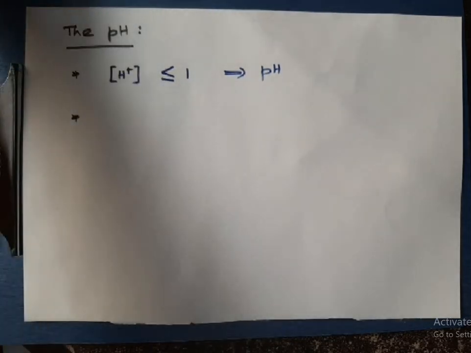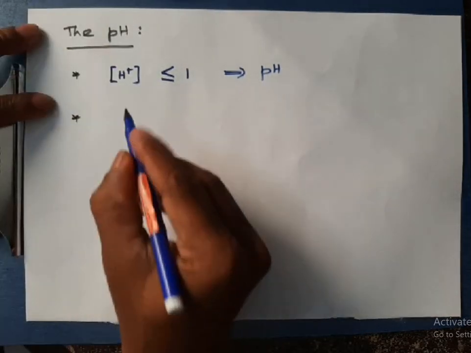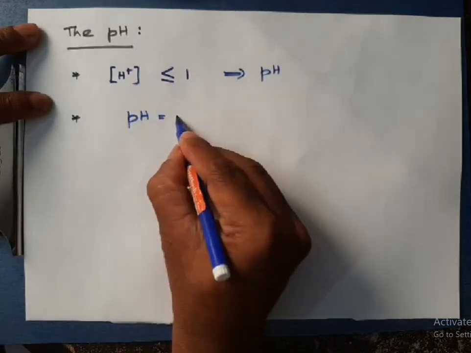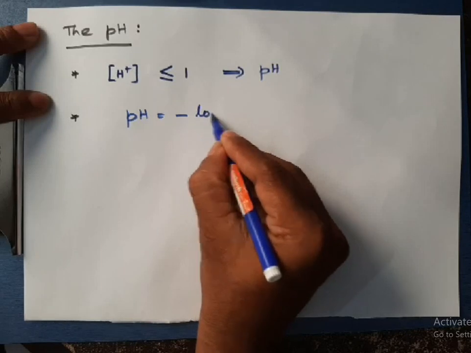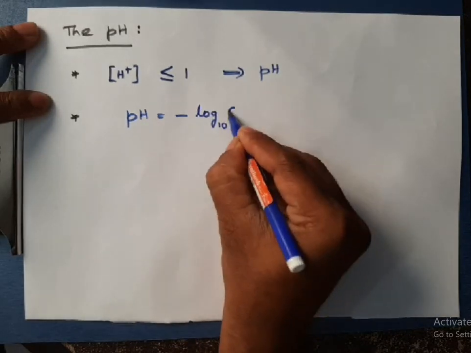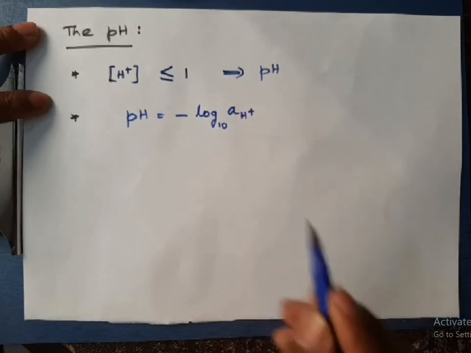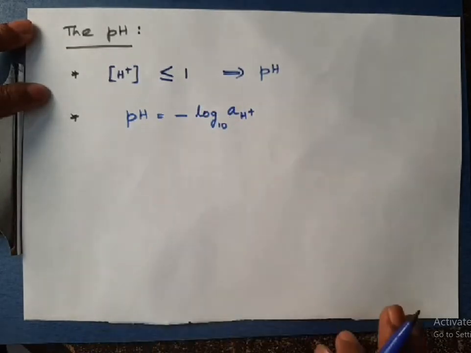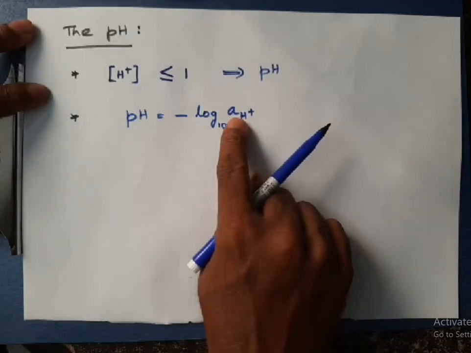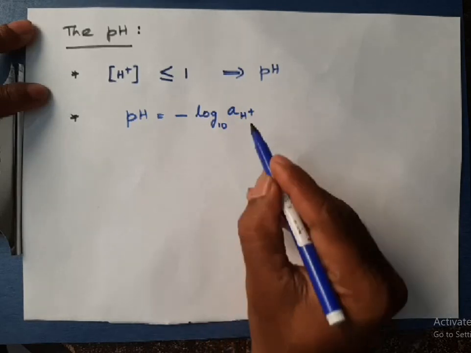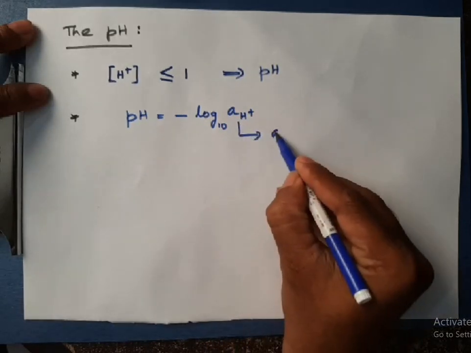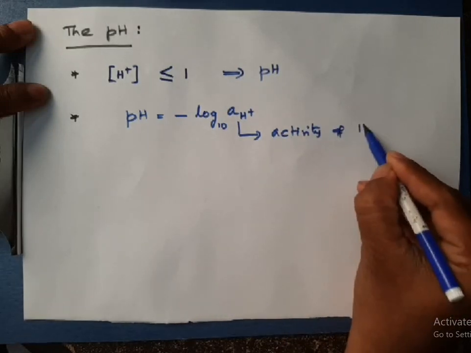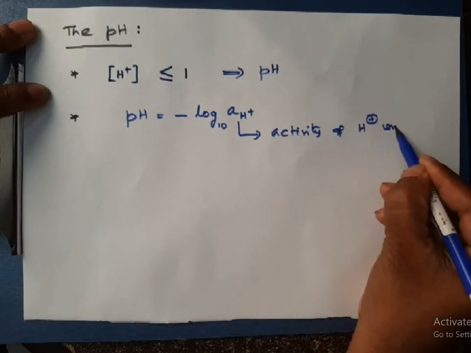The definition of pH is this. pH is defined as the negative common logarithm of the activity of H plus ion, where a of H plus is the activity of H plus ion.